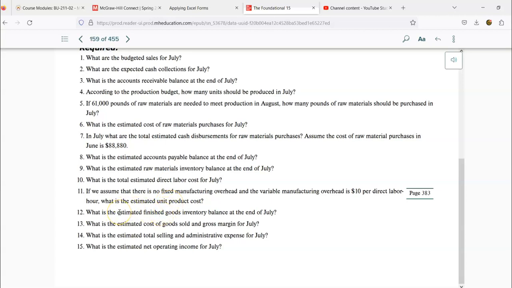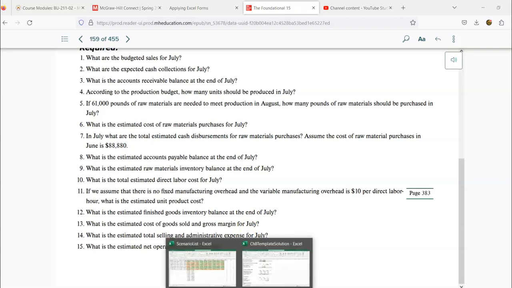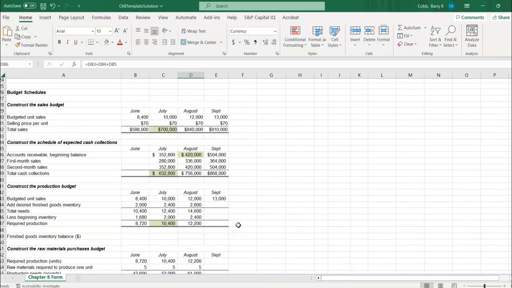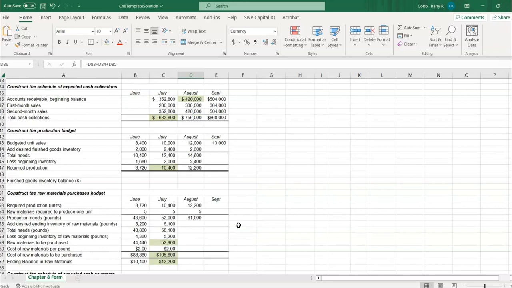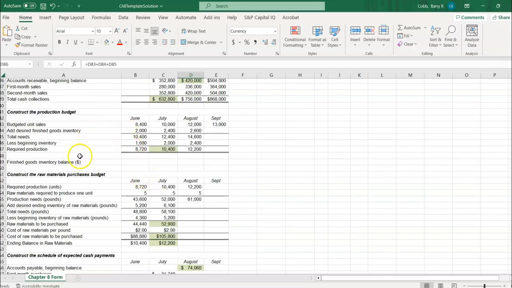Now what we can do is go back and estimate the finished goods inventory balance. We'll do that with the unit product cost. So if we want that balance for July, we can calculate it for several of the months. But we'll go up here, and in the production budget, we have the ending inventory.